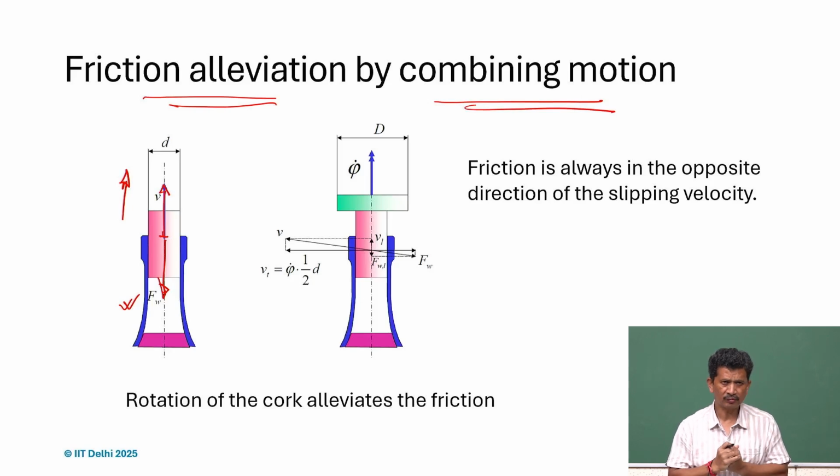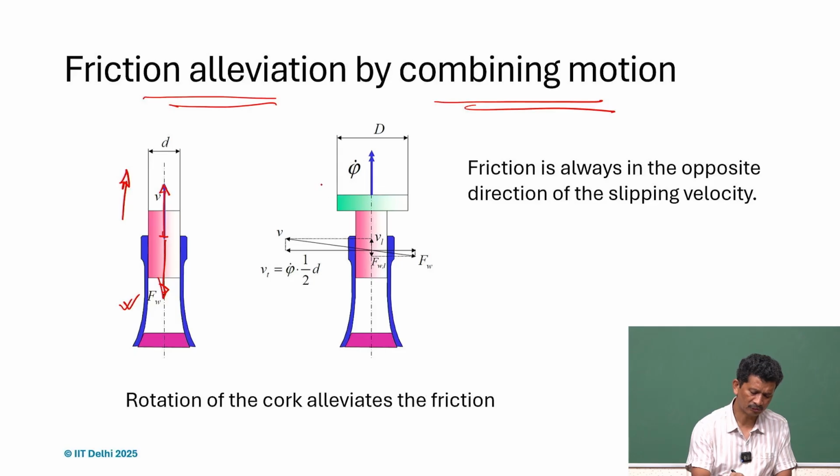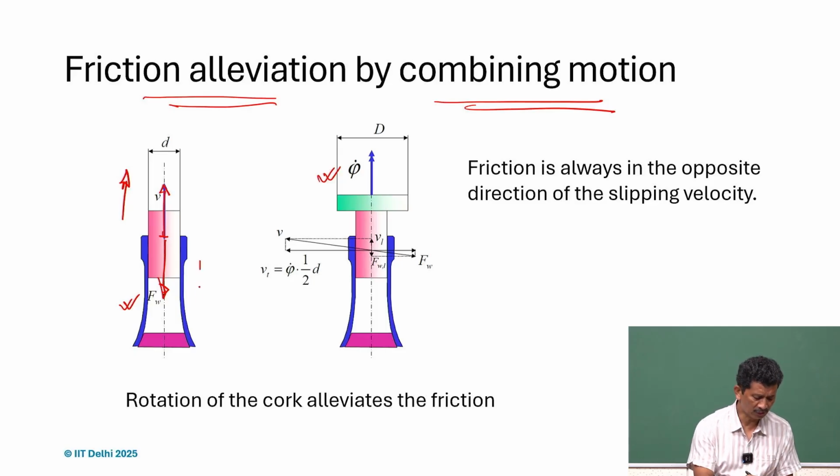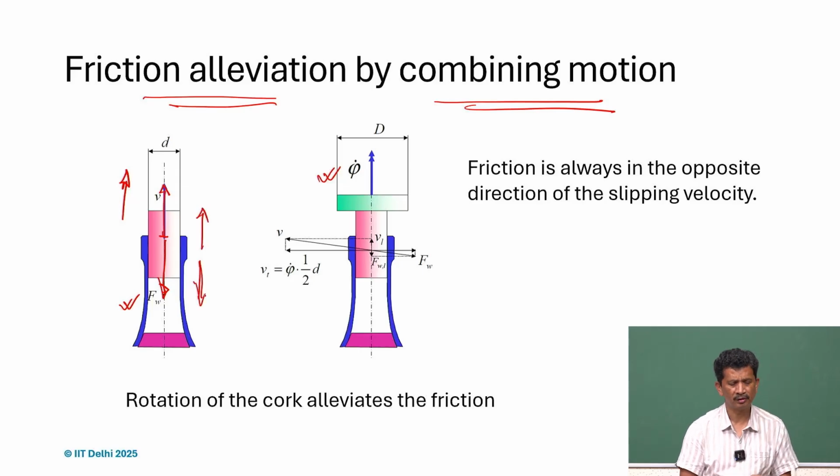And by twisting, we are also imparting this rotation motion. And what friction sees is the intended motion. In this case, it's purely in this direction, so that's why the force was in the downward direction.